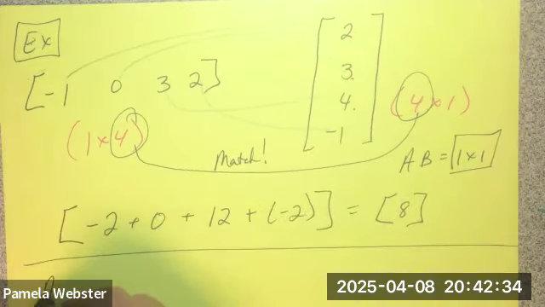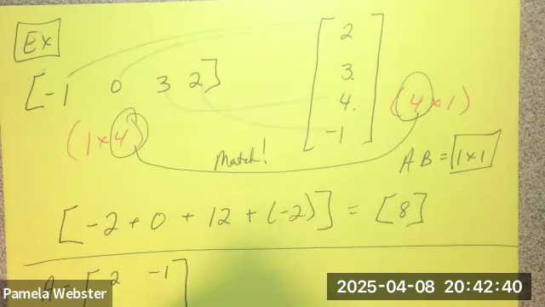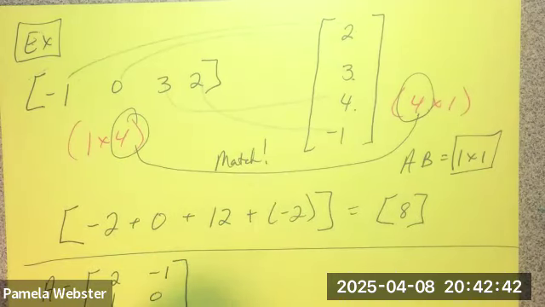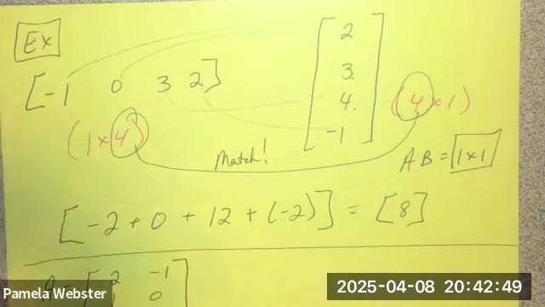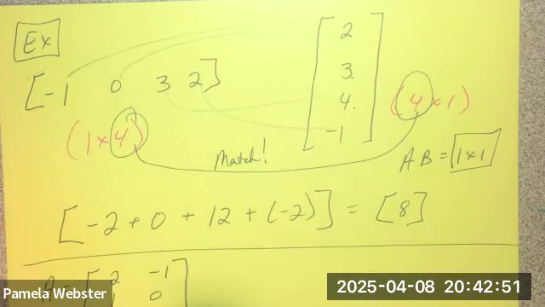Okay. So A equals 2, -1, 1, 0, -1, 2. What size is that? 3 rows and 2 columns.